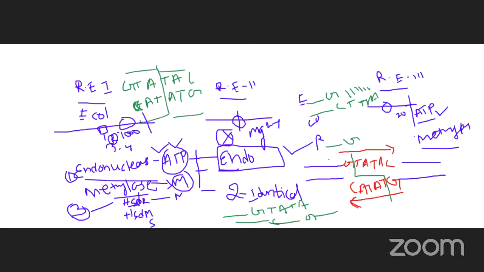This is called a blunt end. GTA forms one side, blunt, and TAC the other. This is called blunt. It is not attached to other nucleotides. So these are called blunt ends. The first one is sticky ends, the second is blunt ends.